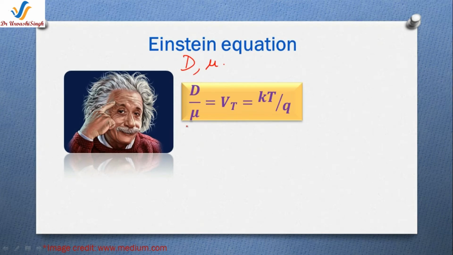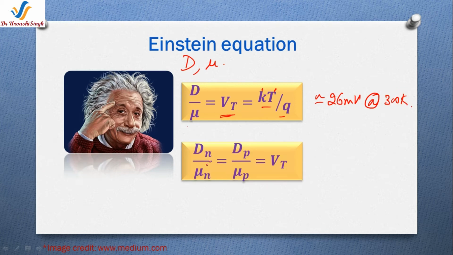D upon mu is equal to kT upon q, where k is the Boltzmann constant and T is the temperature in Kelvin, q is the charge of the carrier, and this is the thermal volt equivalent. Approximate value is 26 millivolt at room temperature. And for semiconductors, this Einstein equation is given by Dn upon mu n is equal to Dp upon mu p, and it is thermal volt equivalent.